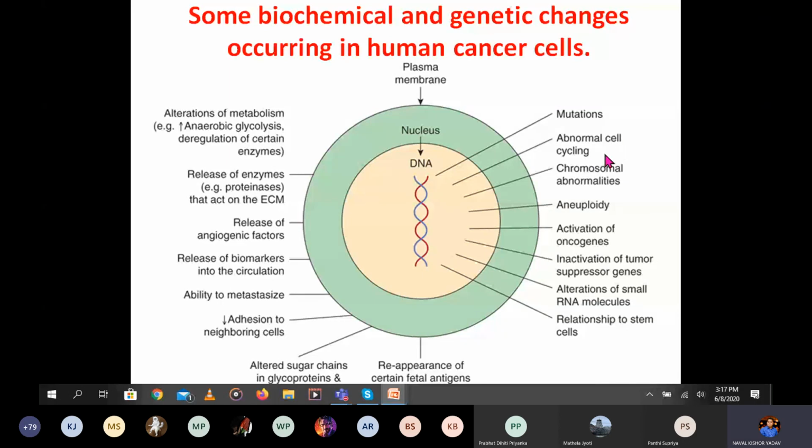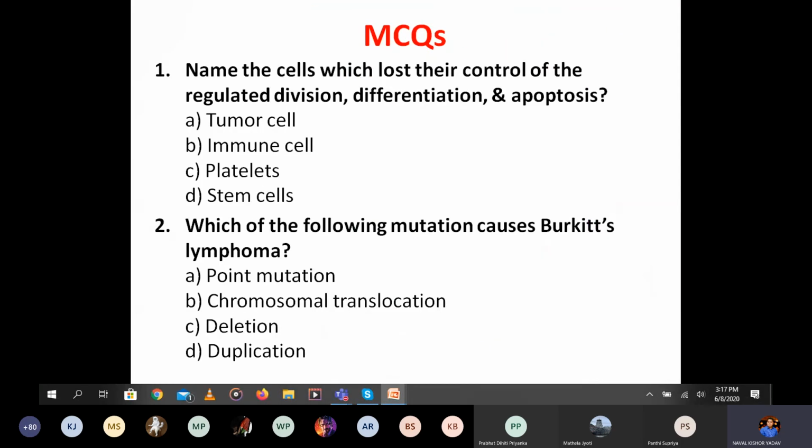Mutations, abnormal cell cycles, chromosomal abnormalities, activation of oncogenes, inactivation of tumor suppressor genes, alteration of small RNA molecules. Biochemical changes are on the left side, and genetic changes are on the right side.